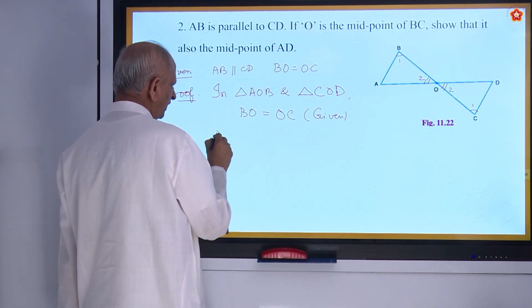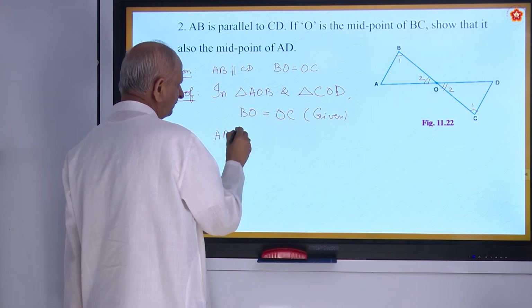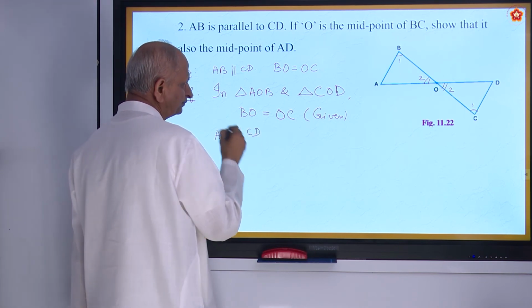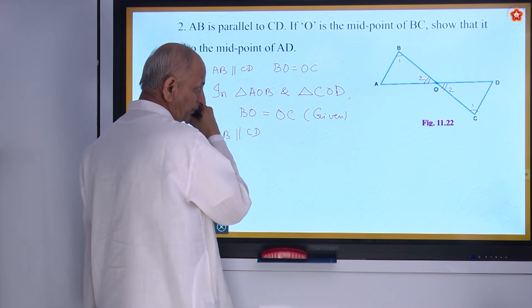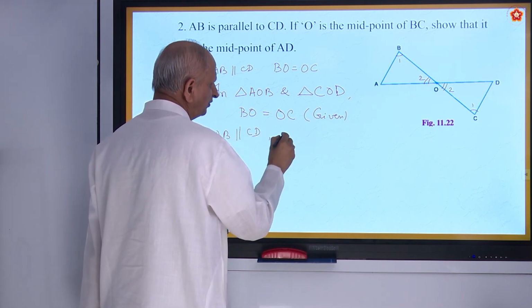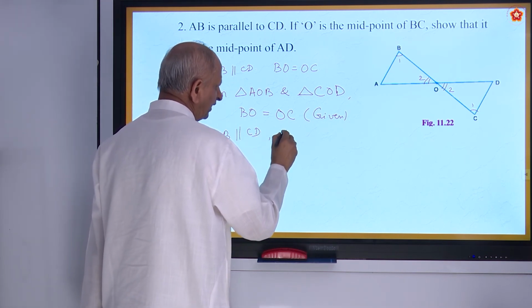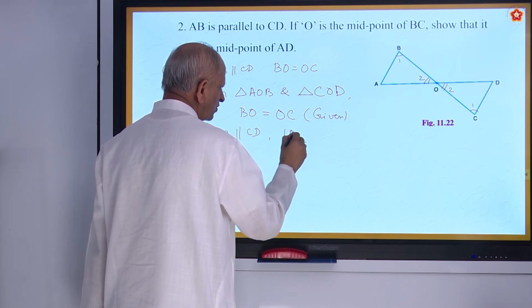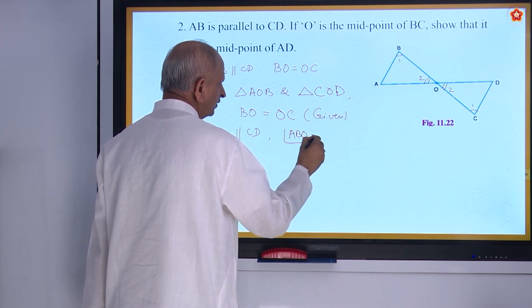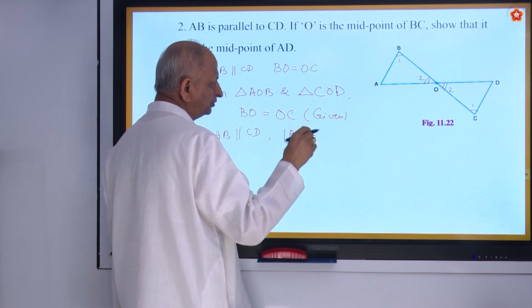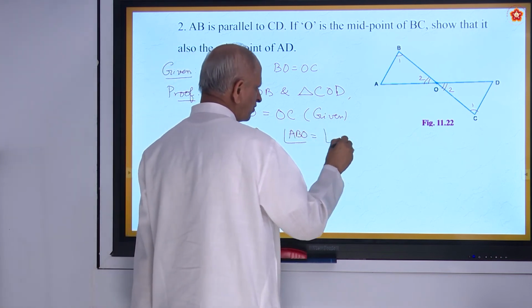So you are given that AB is parallel to CD and hence you have angle ABO is equal to DCO.